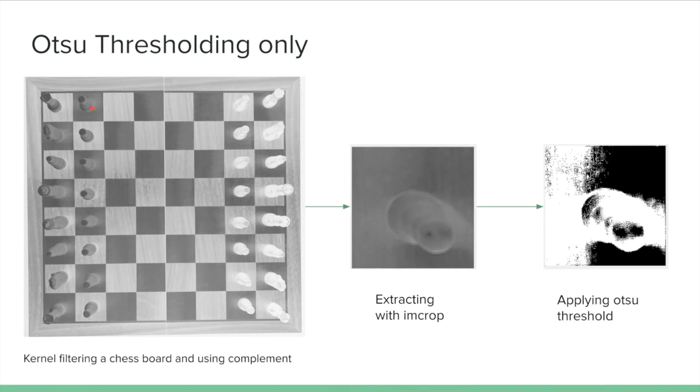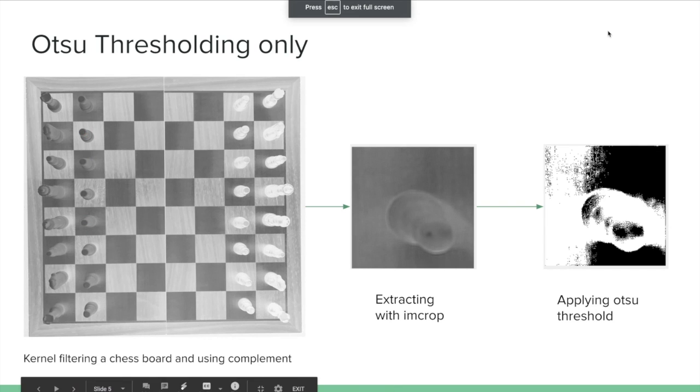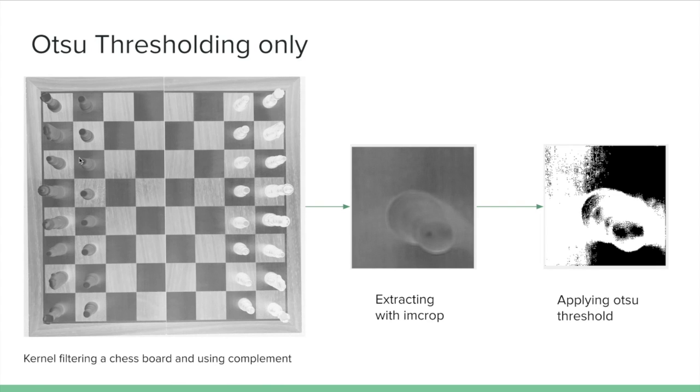I was able to use a kernel filter to change the contrast and be able to get each of these different pieces and improve the ability of the algorithm to detect each of these pieces. So I apply the imcrop function to extract this image from this chessboard and apply the Otsu thresholding algorithm.